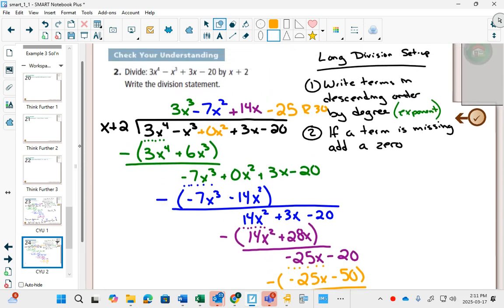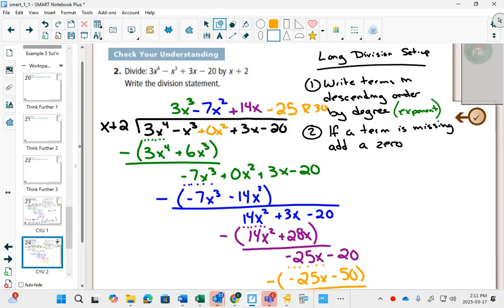Now this question said at the end to write the division statement. Now, one of the things that's kind of annoying is the polynomial is often very big. If you would like a shortcut, you can put brackets around the polynomial, and above it, write let p of x equals.